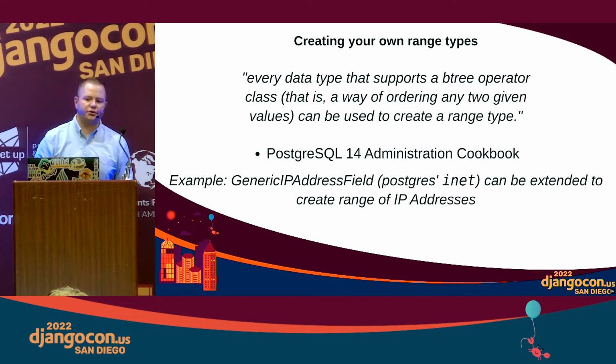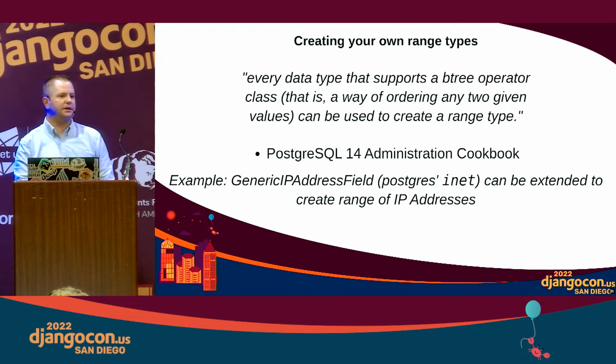You can also create your own range types. Django and Postgres provide the functionality to do that. One example that you might be interested in, for instance, is taking the generic IP address field and extending it to be a range of IP addresses.